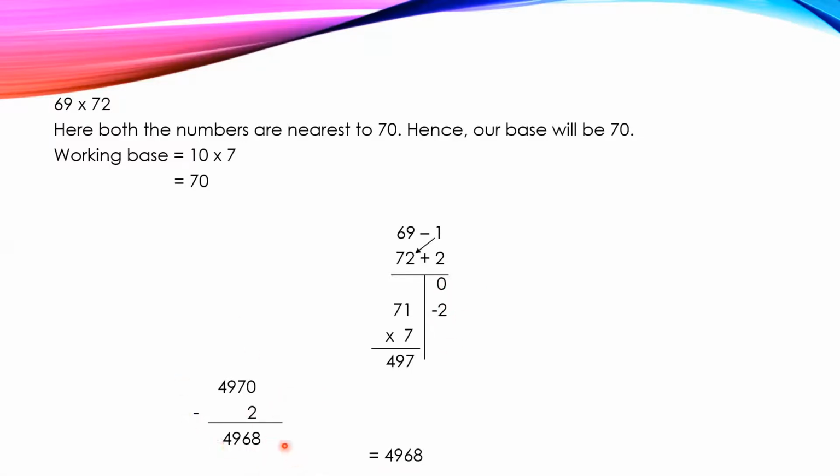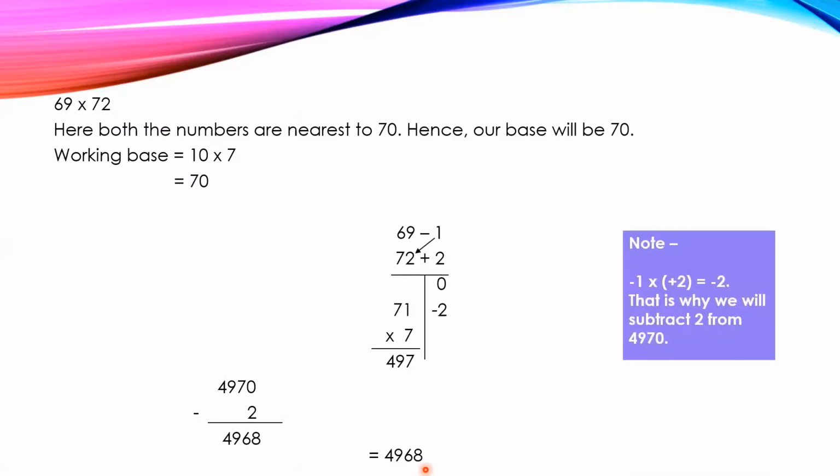So it will give us as answer 4,968. Our final answer is 4,968. Wasn't it easy? Note, minus 1 multiplied by plus 2 is equal to minus 2. That is why we will subtract 2 from 4970.